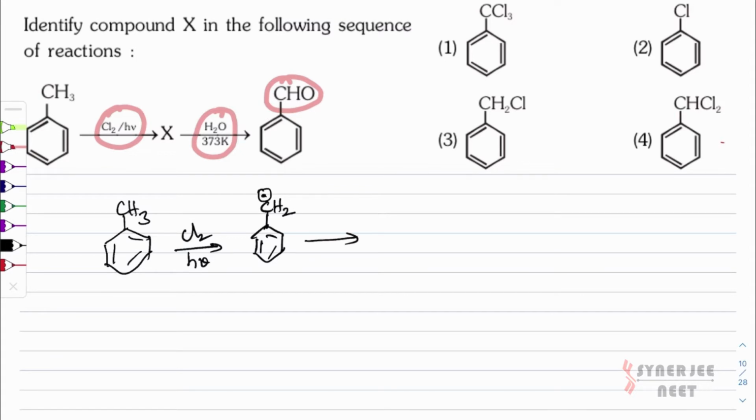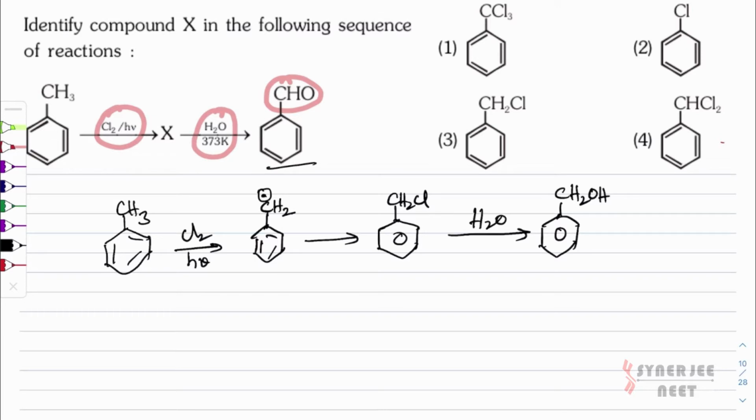So ultimately the corresponding product that you will get is CH2Cl. But if you take only this compound and hydrolyze it, if you add water, we can expect substitution of Cl by the OH group. That means we will get benzyl alcohol. But they are getting benzaldehyde. So that means somewhere we are going wrong.